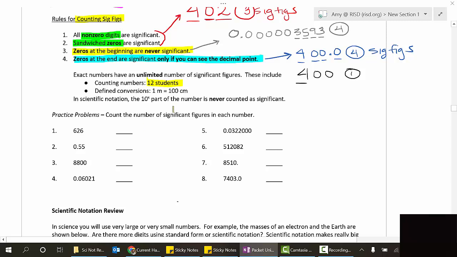It's either 11, 12, or 13. There's no partial. So that's an exact number, and we just don't talk about sig figs with counted numbers. Same thing for defined conversion factors, like 1 meter is 100 centimeters. I don't mean that 1 meter is about 100 centimeters. I mean that's exactly 100 centimeters. So again, that's not a measured thing, so we don't count it.